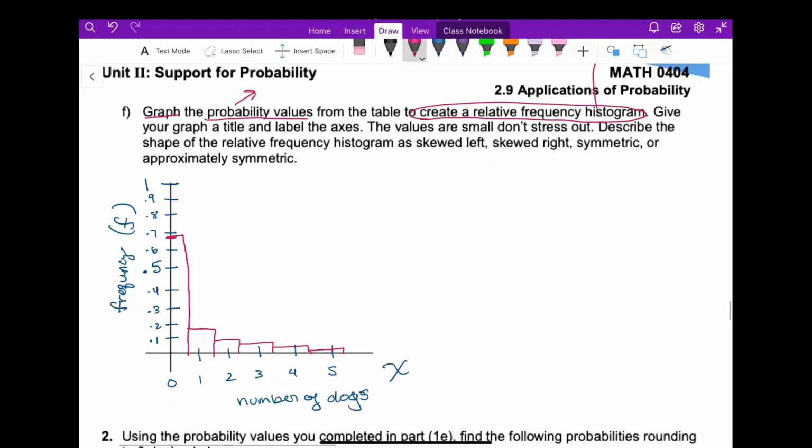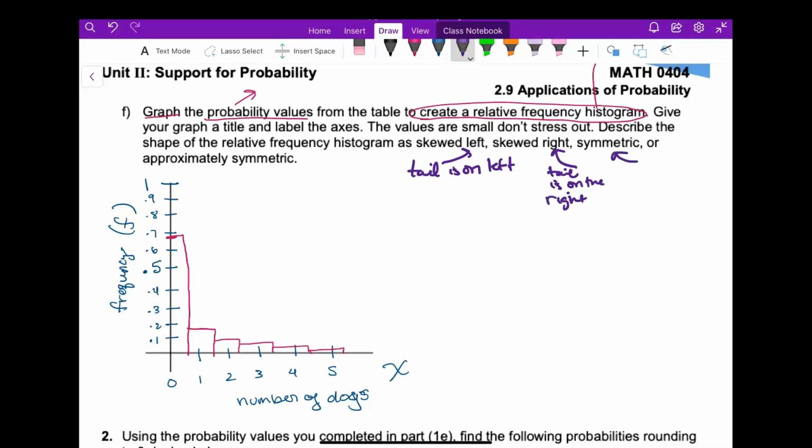Great. Let's talk about the shape of this. It says, describe your histogram as skewed left, skewed right, symmetric, or approximately symmetric. I'm going to leave it up to you, but I'm going to remind you what the shapes are. Skewed left means the tail is on the left. Skewed right means the tail is on the right. Symmetric.